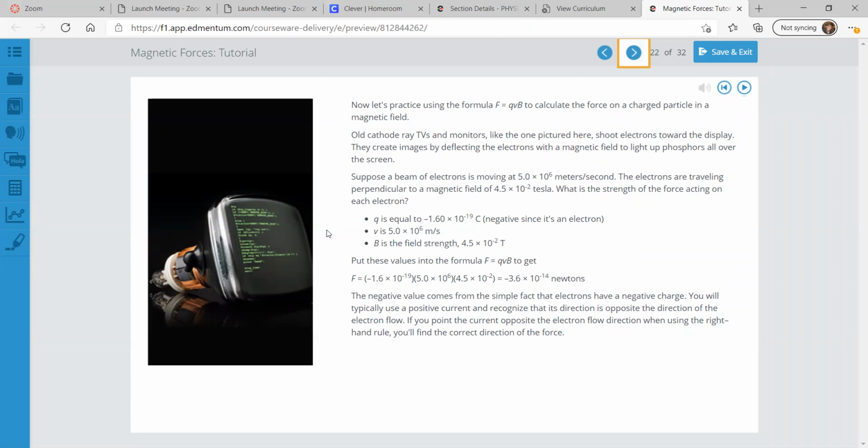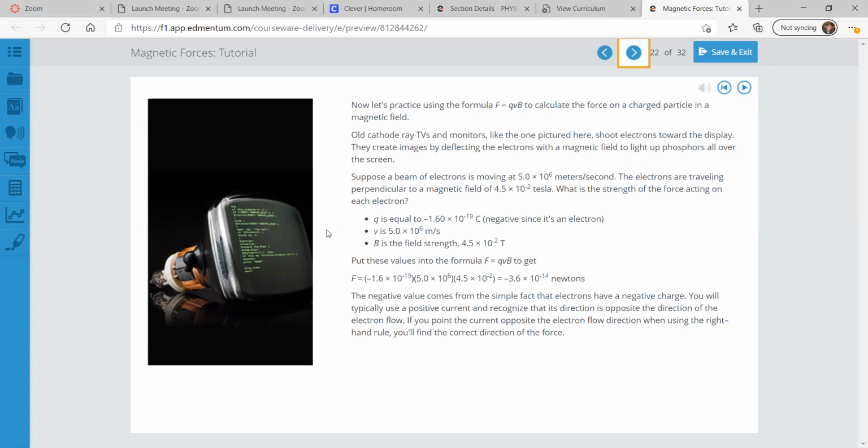Suppose a beam of electrons is moving at 5 times 10 to the 6th power meters per second. The electrons are traveling perpendicular to a magnetic field of 4.5 times 10 to the negative 2 power Tesla. What is the strength of the force acting on each electron?